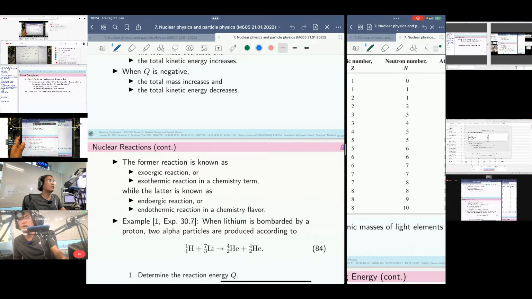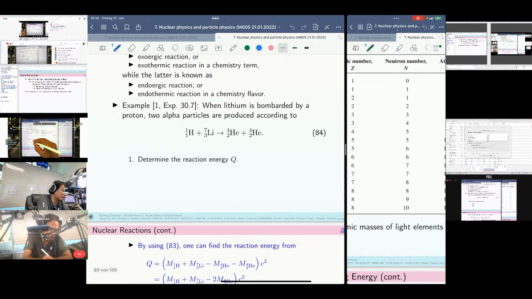There is no electron, and you just accelerate the proton. Let me write down how it's going. So this is lithium, right? There are three protons, and you have 4 neutrons.